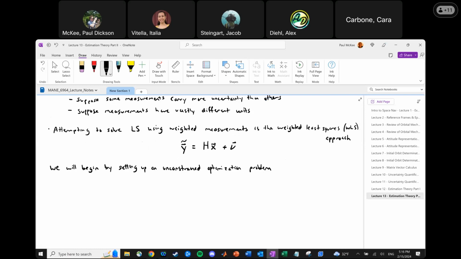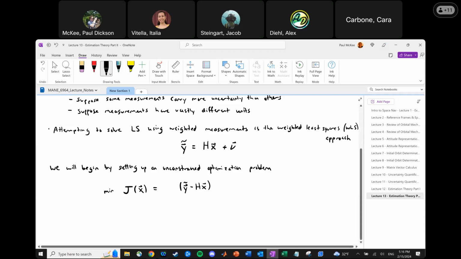So the problem looks like this. We have some function, which we're going to call our cost function, J of x, and it's equal to what? Well, it's going to be our residual, y minus Hx, but we want it to be our residual as a scalar, and we also want it to be our residual squared, because what we're about to do is try to minimize this function.